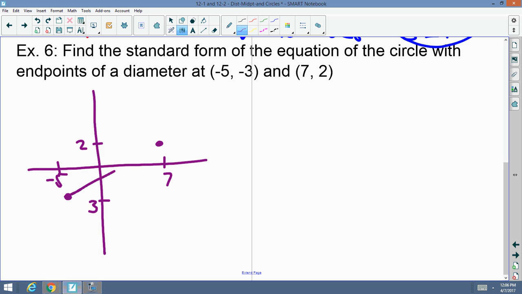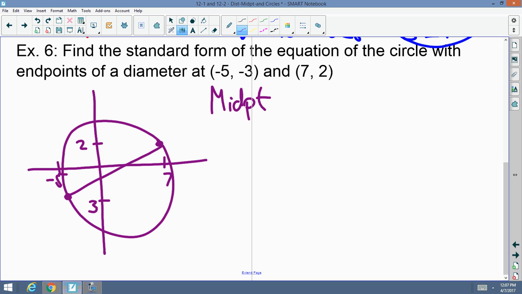This is the diameter of our circle. Okay? That's all we have. I need a center, which is the midpoint of the diameter, and then I need the radius length. So first, let's find the midpoint. The midpoint of the diameter. There you go, brother.